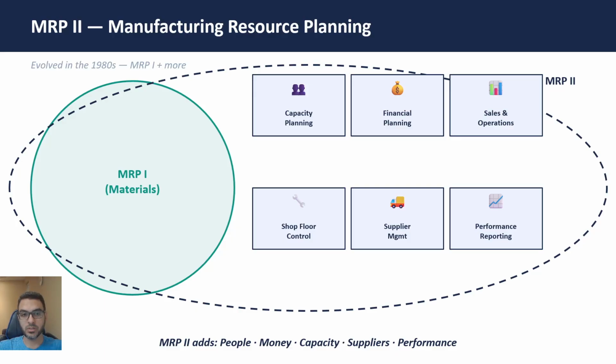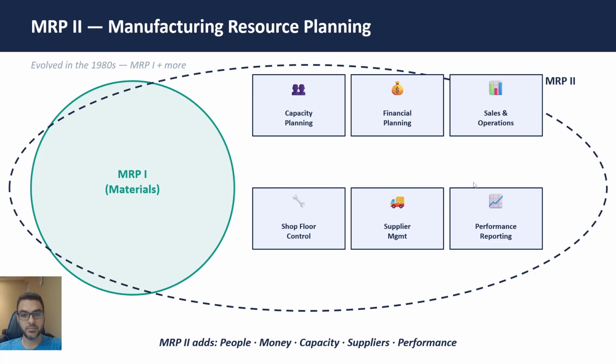MRP II was an evolution on the MRP I. Started in the 1980s, it includes the MRP I, the material planning, but on top of it, it includes capacity planning: process capacity, human resources capacity, warehousing capacity, and so on.